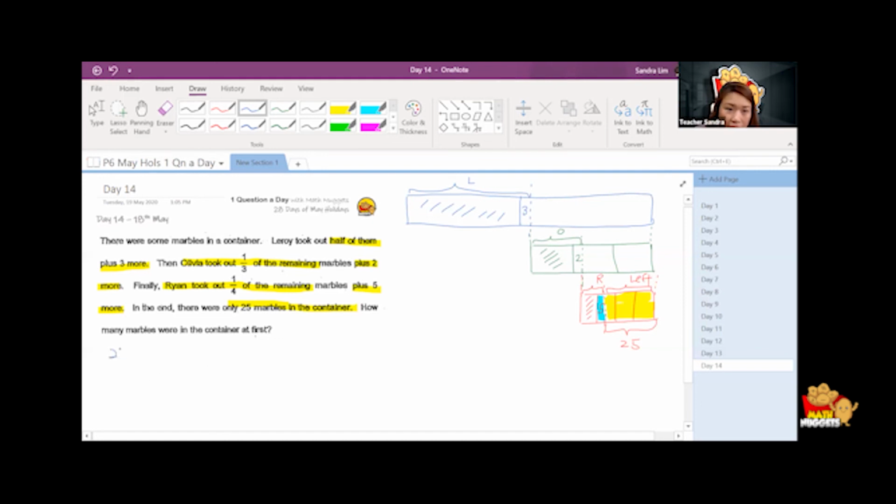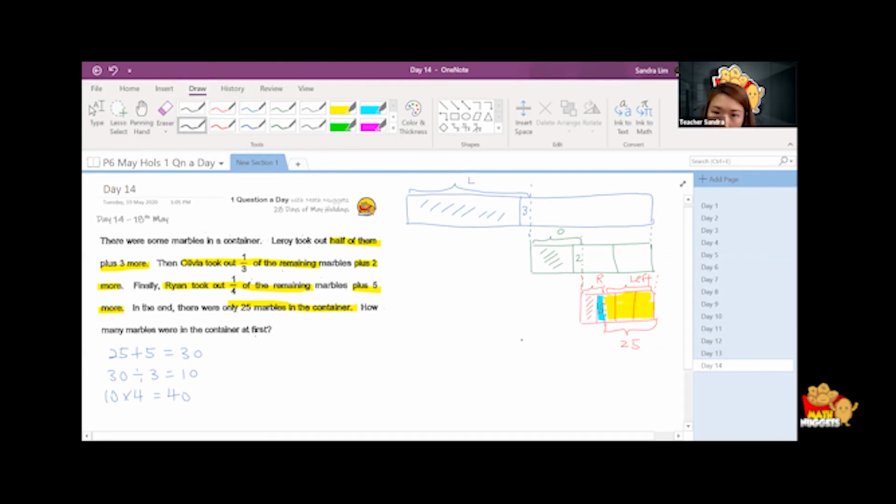So 25 plus 5 is the first thing you have to do. That's 30. So since 30 is the 3 units there, 30 divided by 3 gives me 10. Next, I'm going to find the whole red color bar. The whole red bar would be 10 times 4, which is 40.